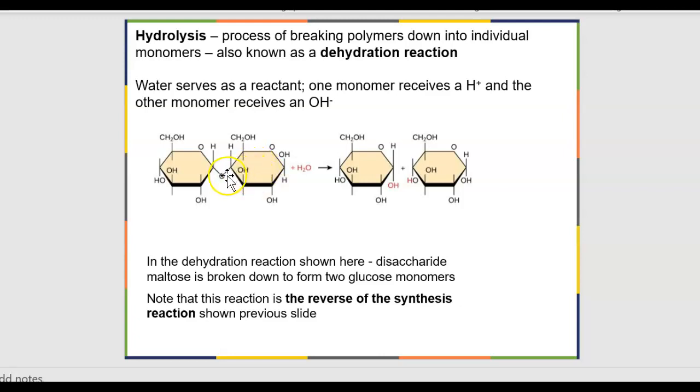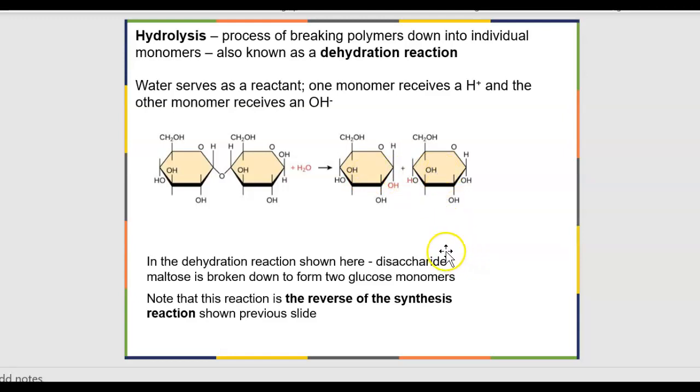Water can enter where this bond is, and in doing so break the bond and take the two-unit structure back to single units, their monomer states. You can see here's the OH, a hydroxide that entered onto this one, and then a hydrogen joining this one. This is going to break this unit into these two individual units.